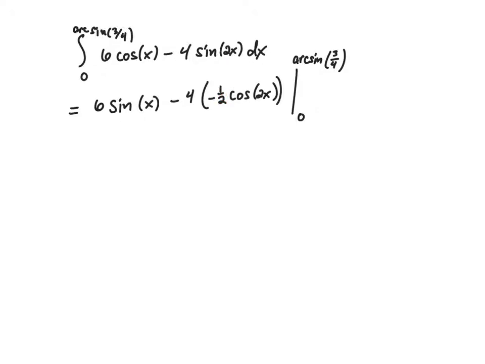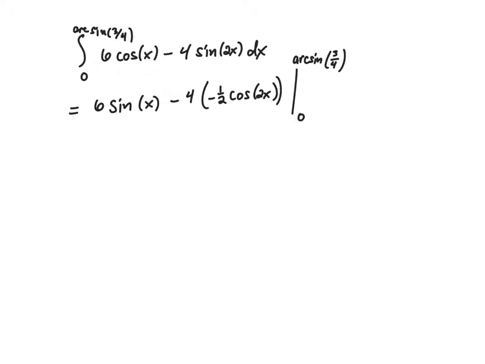Or you could just realize that if you differentiate cosine of 2x, you're going to get a minus sine of 2x, and then the chain rule is going to pop out a 2, an added factor of 2. So to get rid of that factor 2, you multiply by 1/2. However you want to do it, that should be a straightforward integration problem.